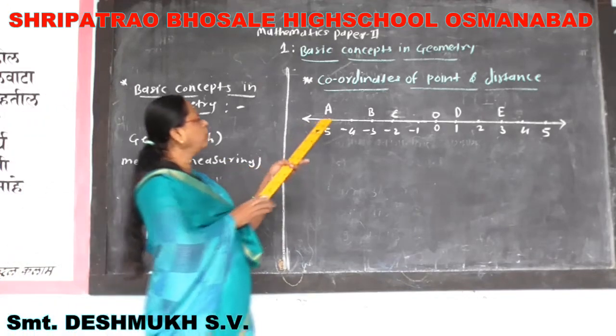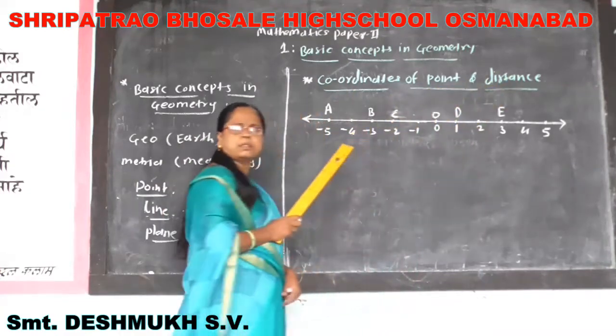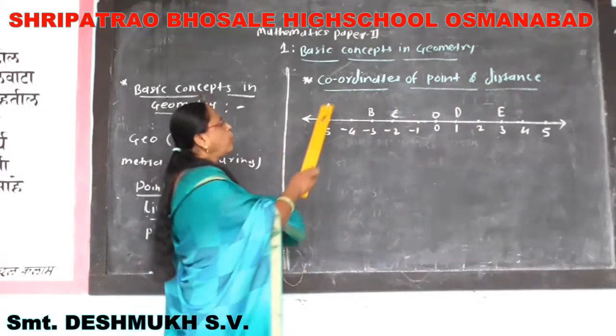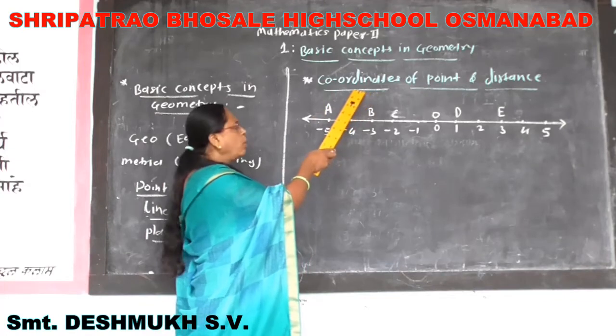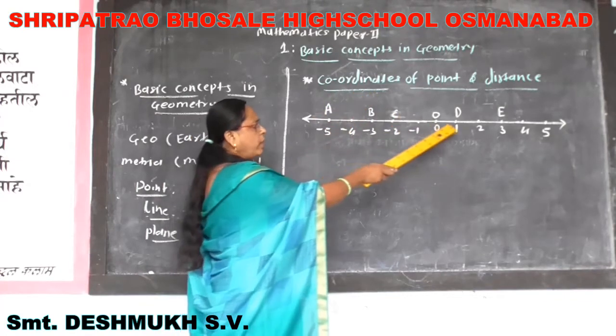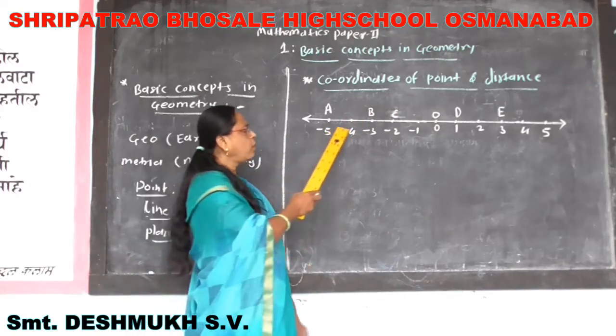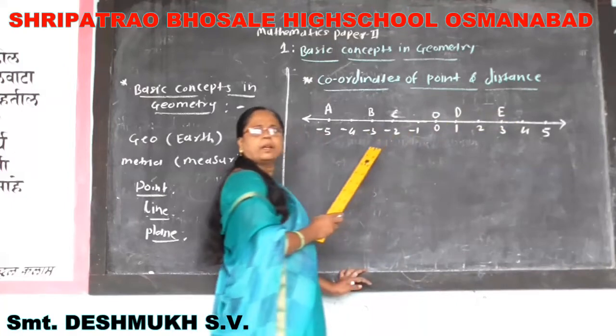Now the next article, coordinates of a point and distance. The number associated with a point is called its coordinate. Now we draw the number line.